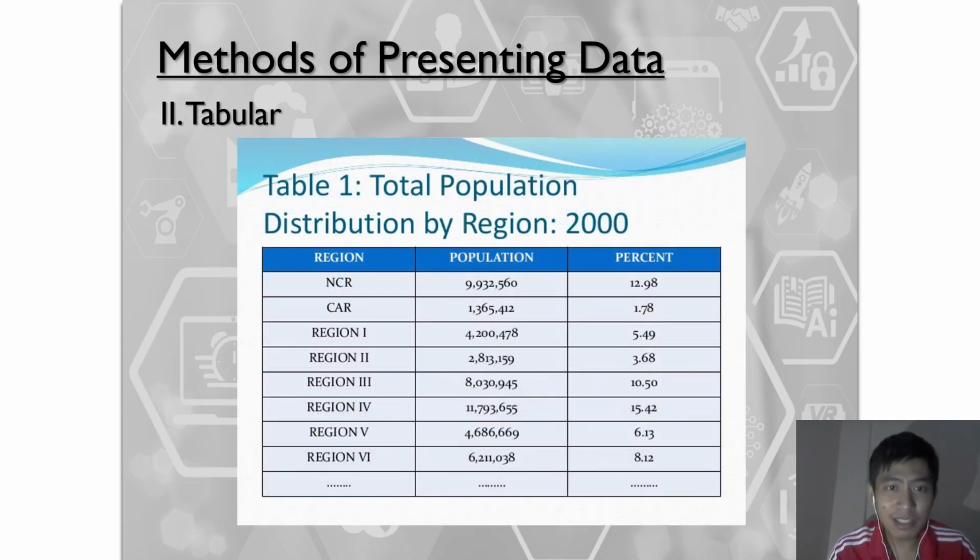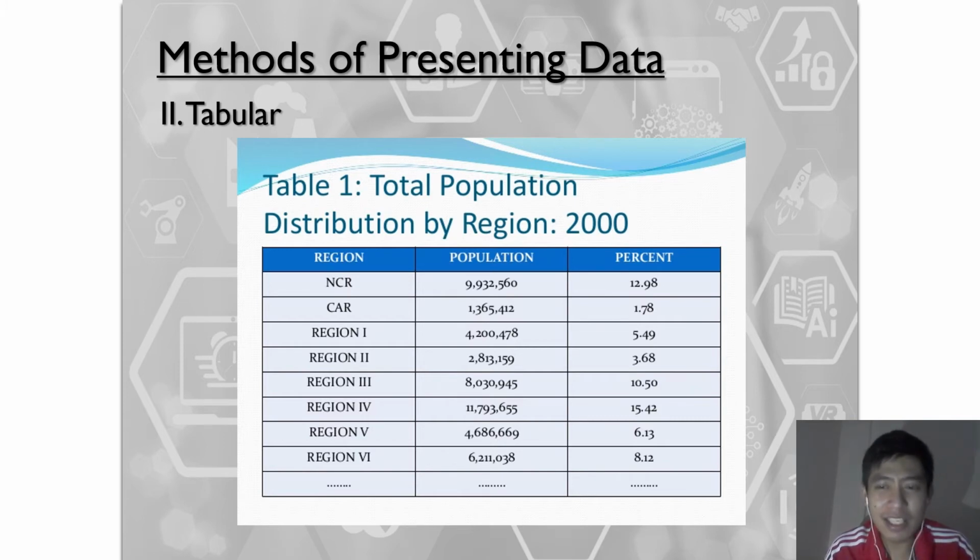Tabular. Tabular is where you place the different components or variables in a table for us to visually appreciate it and analyze it more, and it's more accessible, and the comparison could be more in-depth.